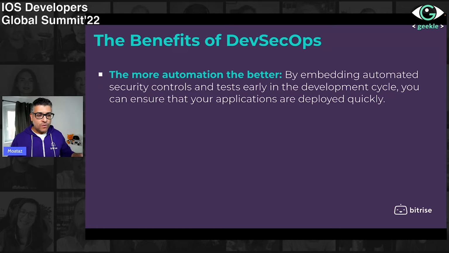Once one of the developers creates a PR or just changes something in the code, this pull request will trigger the CI workflow, which will build the application, maybe sign the application, or archive the iOS application.